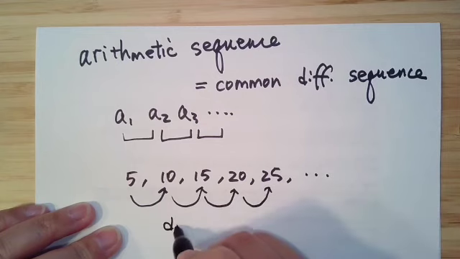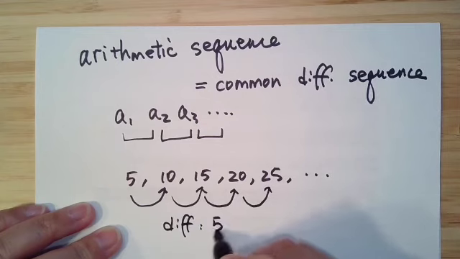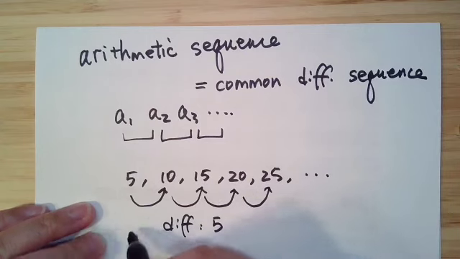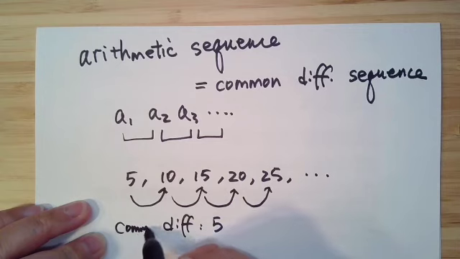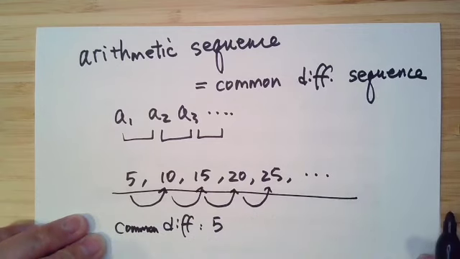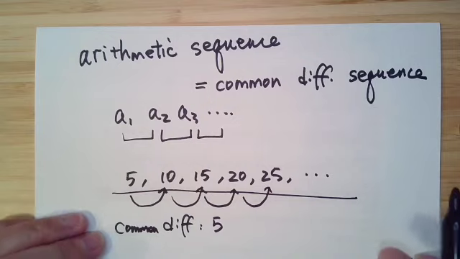So what is the common difference? That's 5, the later term minus the earlier term. So they have a common difference, 5. So this is called an arithmetic sequence. The definition looks very obvious. Now let me give you this example.